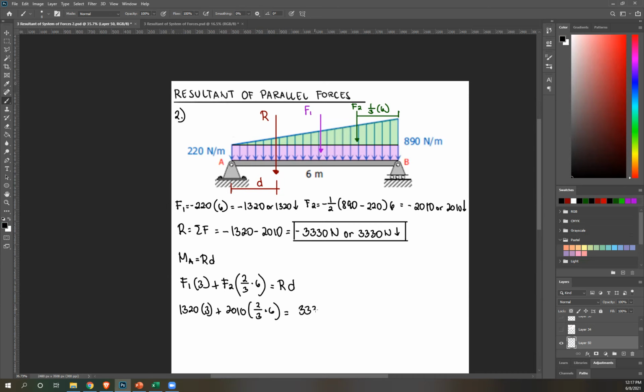So 3330 D. Please solve. What's D? Correct. It's 3.6. Correct, Kenneth and Luis.